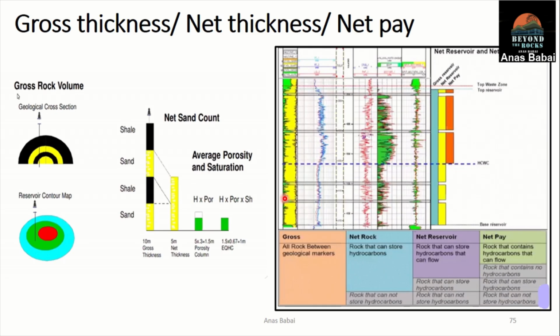So we want, for example, only intervals that have porosity above, let's say, 20%, and volume of shale less than, say, 30%, and water saturation, let's say, below 25%.